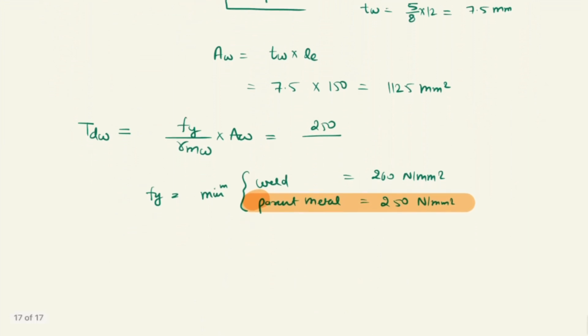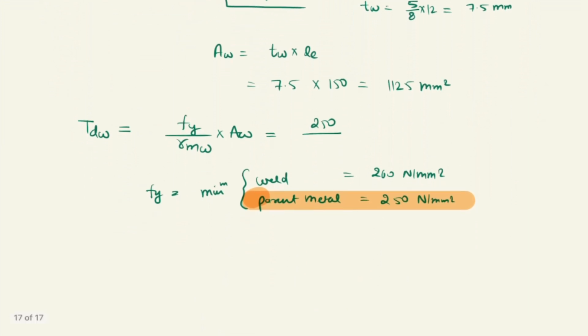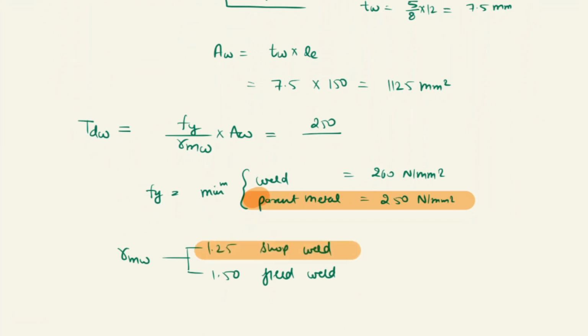Okay, so we are going to use the parent metal yield strength 250 upon gamma MW. This is the partial factor of safety, which we will take as 1.25 for shop welding and 1.50 for field welding. Since in the question it is not given whether the welding is shop or field welding, we usually take it as shop weld.